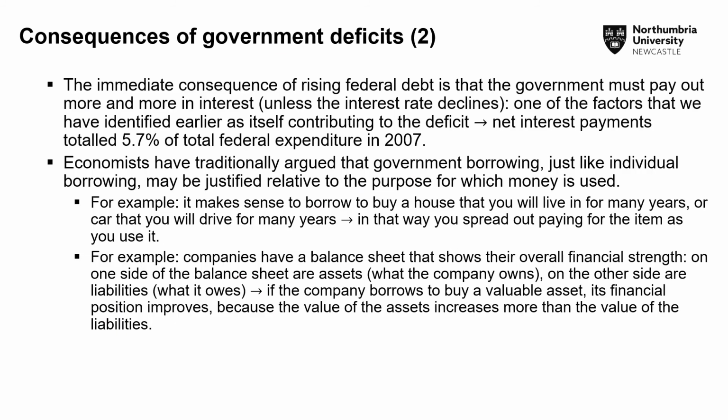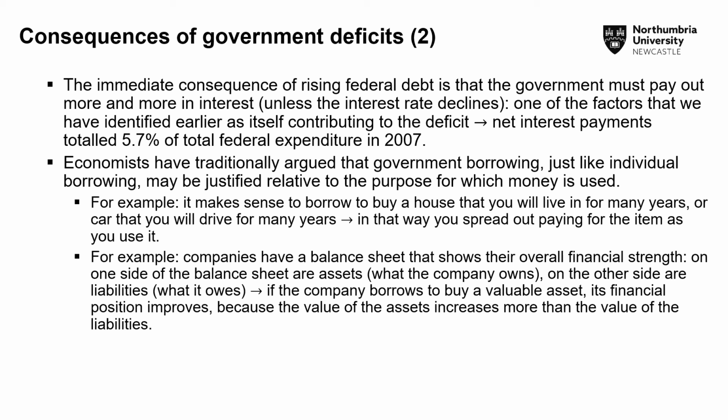Moreover, the immediate consequence of rising federal debt is that government needs to pay more and more in terms of interest unless the interest rate declines. So this is one of the factors that contributes to a deficit. You borrow to fund your deficit and you pay more interest. So you have less money to spend. Hence, you borrow more, you pay more interest. So there is a vicious circle that continues.